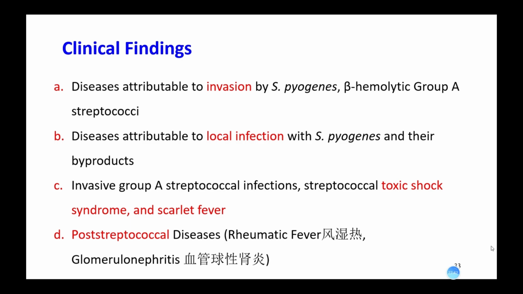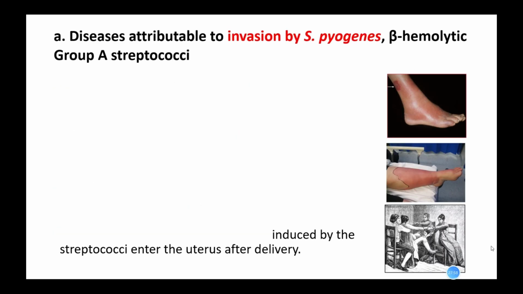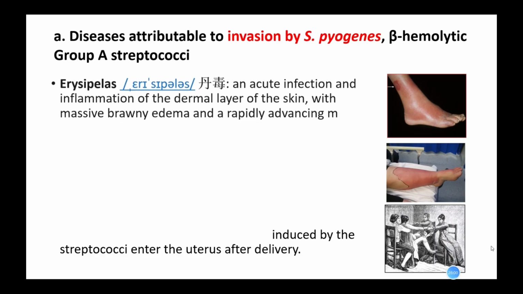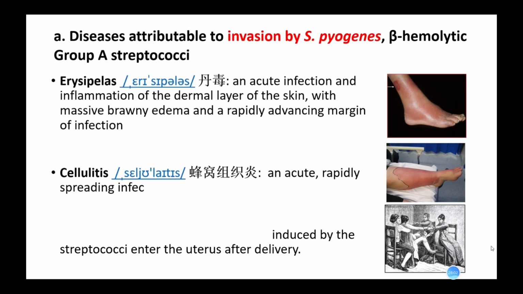So that's what we call post-streptococcal disease. This includes the rheumatic fever and also the glomerulonephritis. It's a long word. That's the inflammation in the kidney. Let's talk about each type in detail.